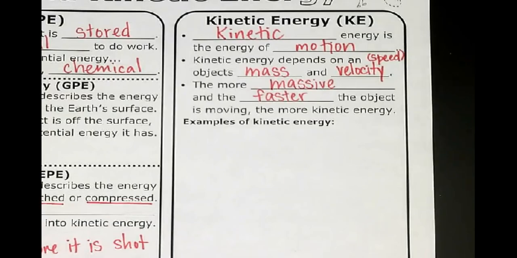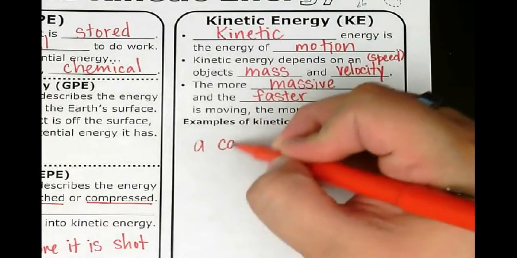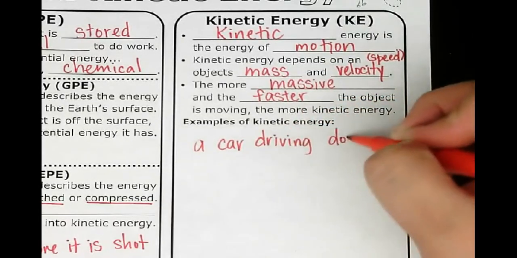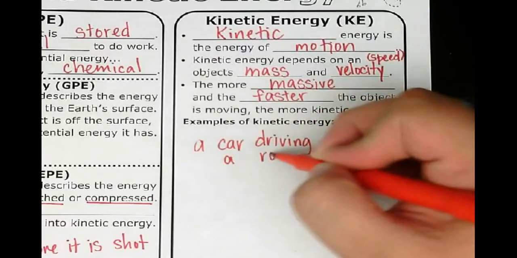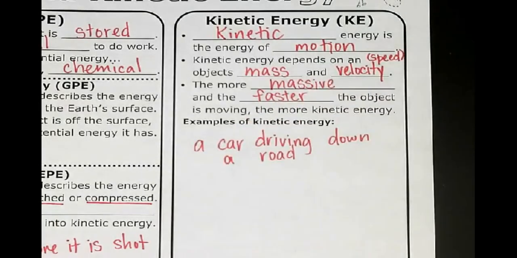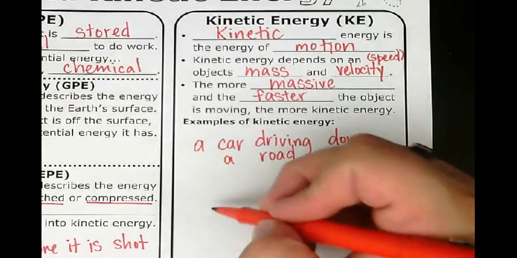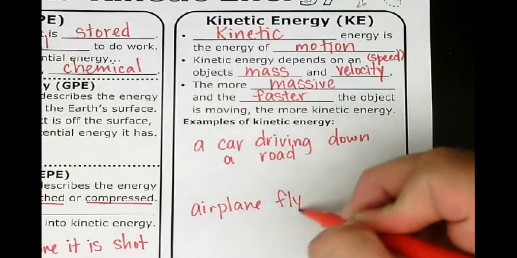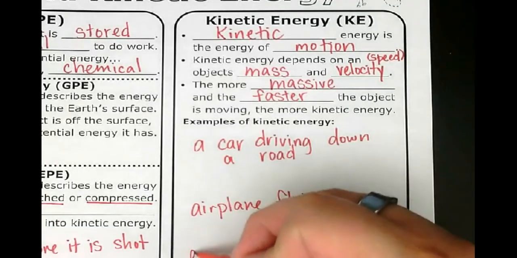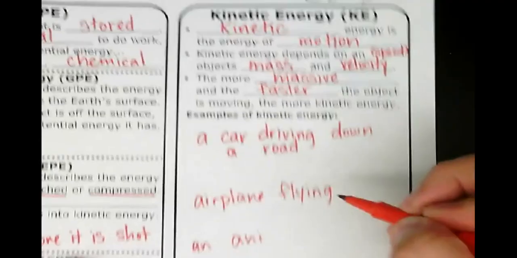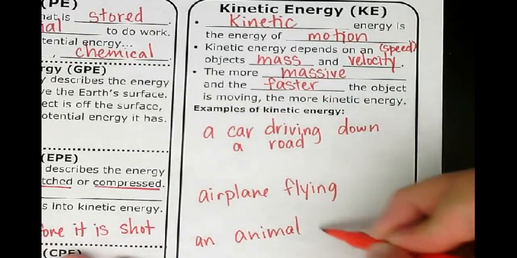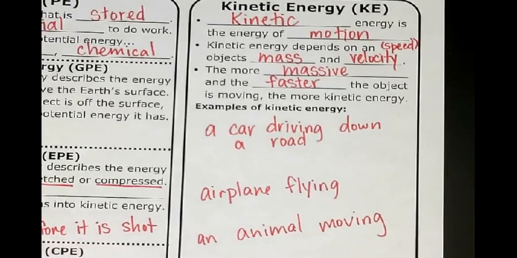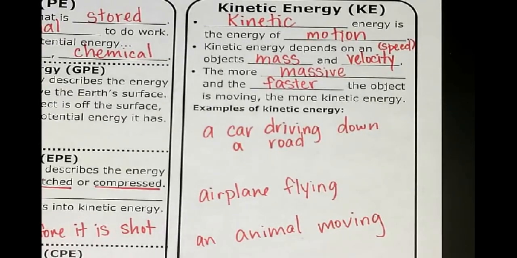So here's some examples, like a car driving down a road, an airplane flying, an animal moving. Those are all examples of things that are moving. They have kinetic energy, right?